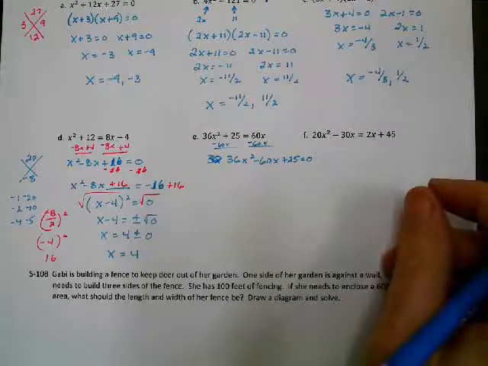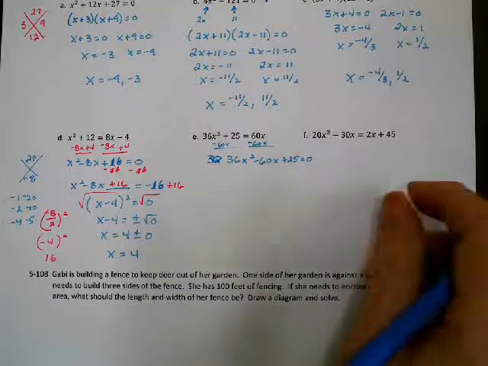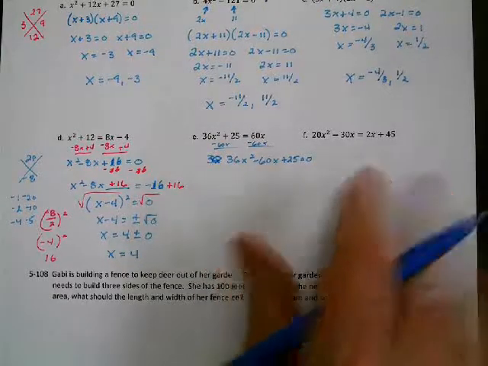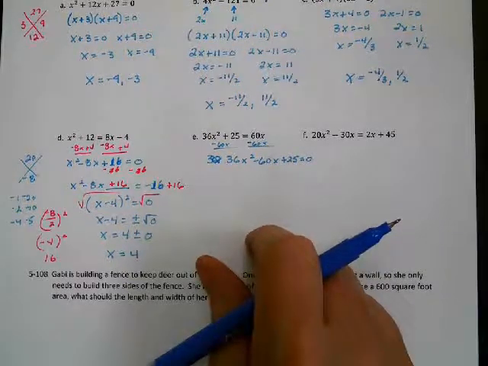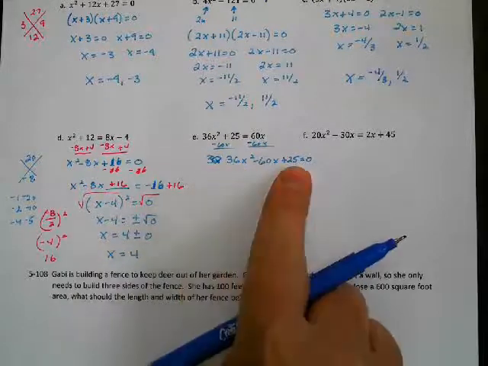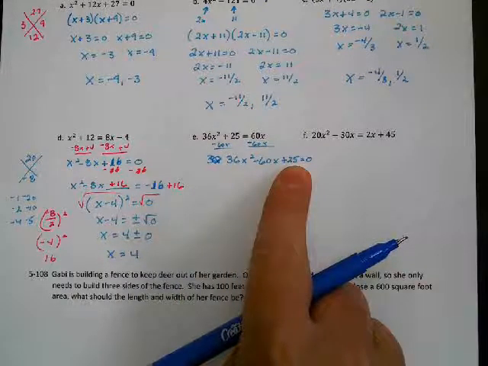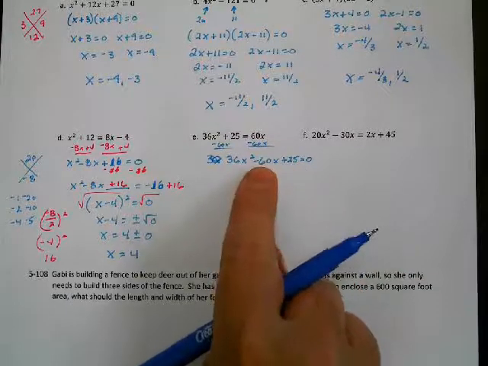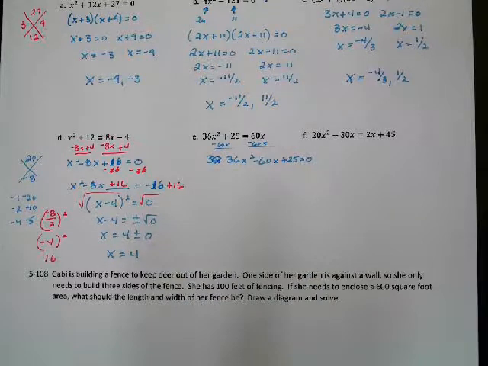Now you can check to see if it factors, and this is actually a perfect square because this is the perfect square of 6x, and this is the perfect square of 5, and then 6 times 5 is 30, and this is double that amount. So this one's actually a perfect square if you go back to our patterns for binomial squares.